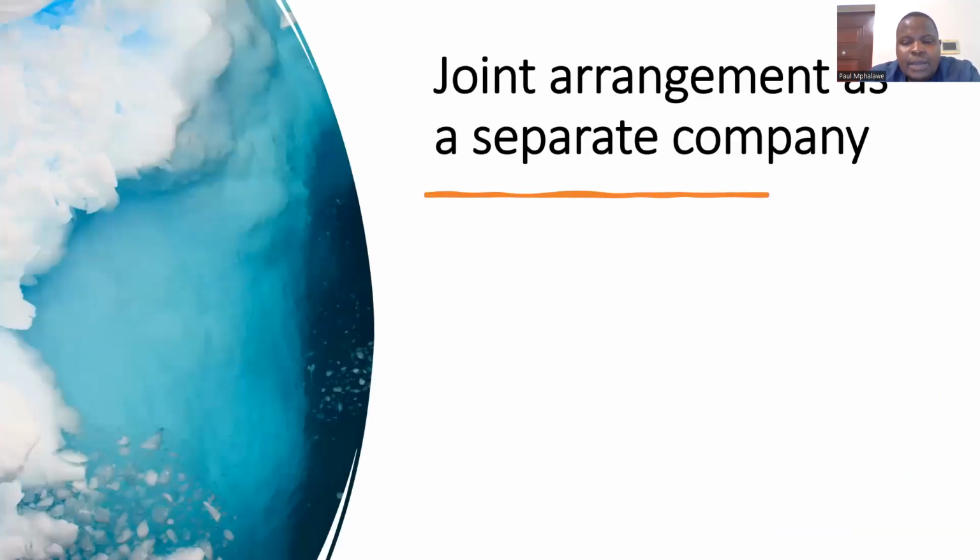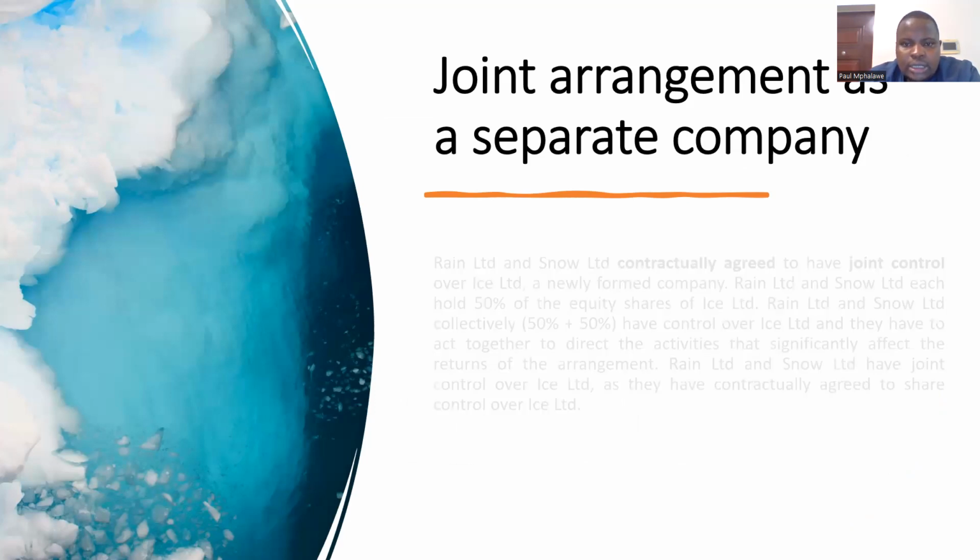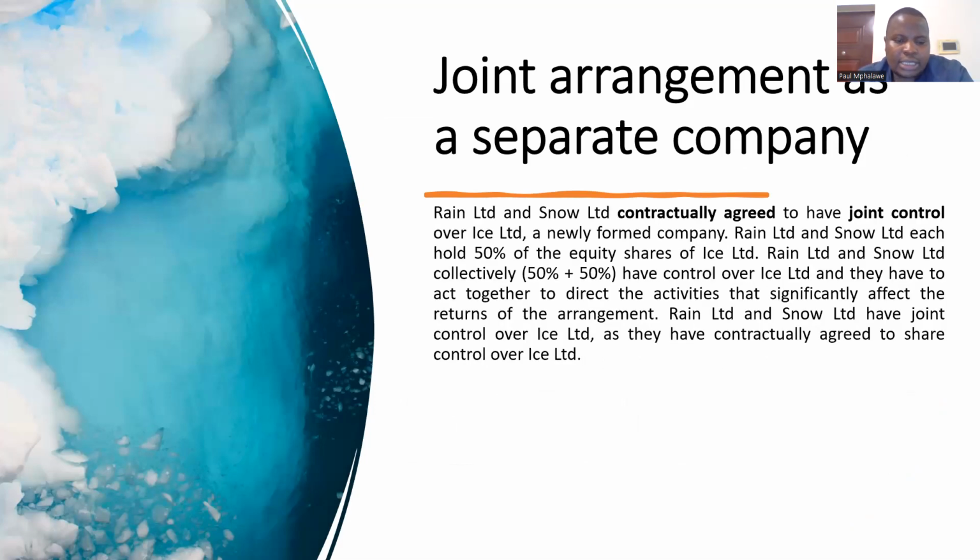So if the company is operating as a joint arrangement, as a separate legal entity, as a separate legal company, let's have an example for us to understand thoroughly what joint ventures entail. Rain Limited and Snow Limited contractually agreed to have joint control over Ice Limited, a newly formed company.